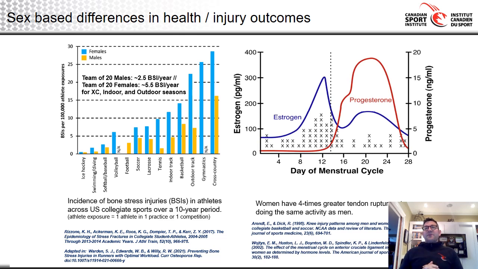Another area where there's sex-based differences are the fact that women have 4 times greater tendon rupture rate than men. This is a little bit more tenuous in terms of whether this is always shown in the literature or not. There is some hypotheses, although I wouldn't say it's completely confirmed, that during the first phase of the menstrual cycle, prior to ovulation, when estrogen is high, there might be an increased risk for tendon ruptures in females. That said, there's probably a whole bunch of psychosocial reasons as well.